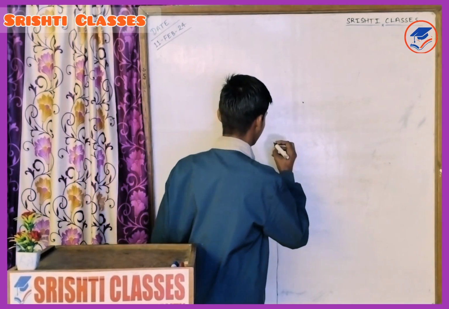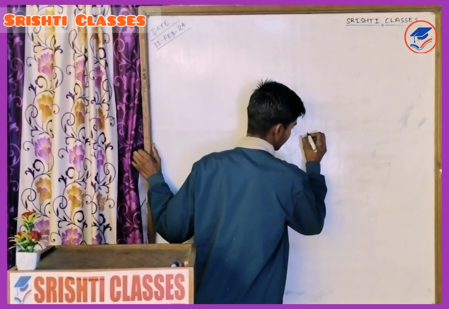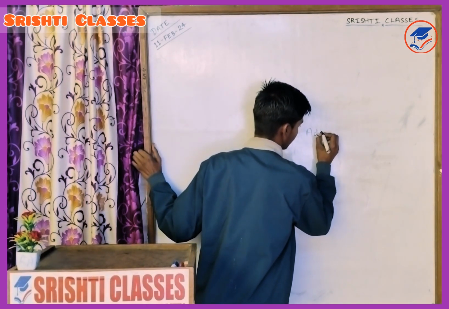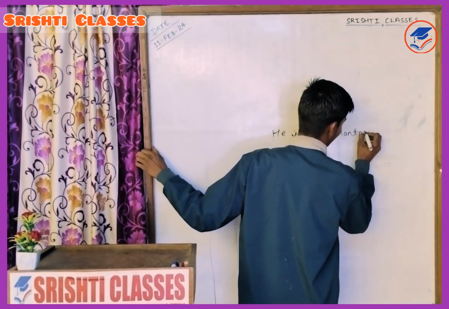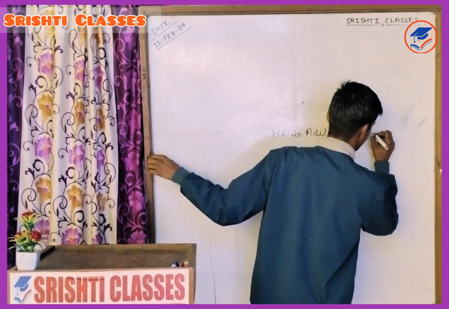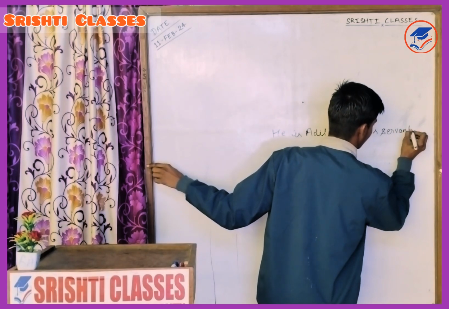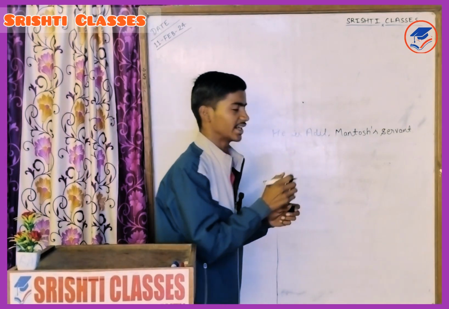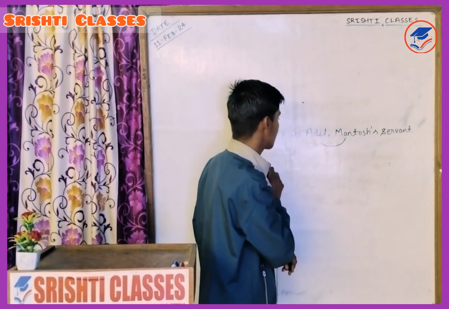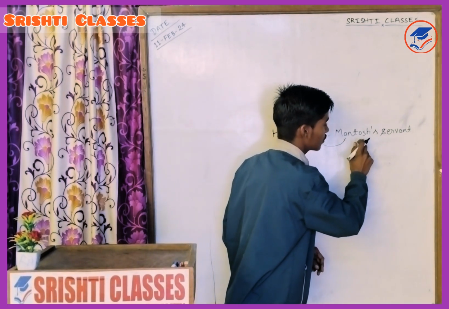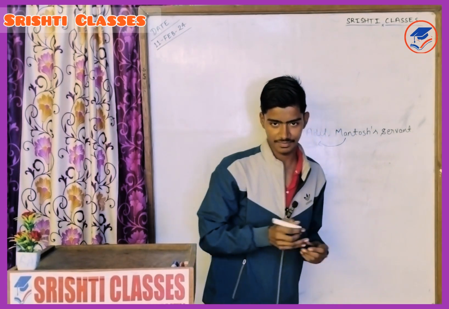For example, he is Adil, Mantosh's servant. Here, a noun in apposition is used. That's why we use apostrophe s at the end of the noun in apposition.